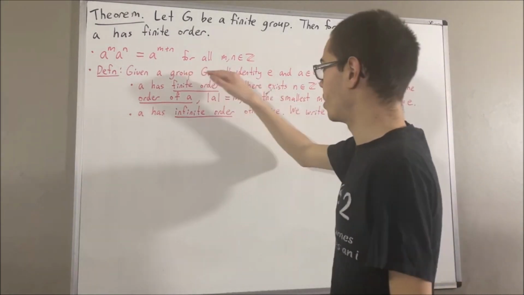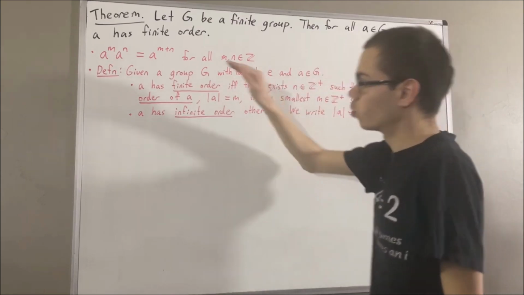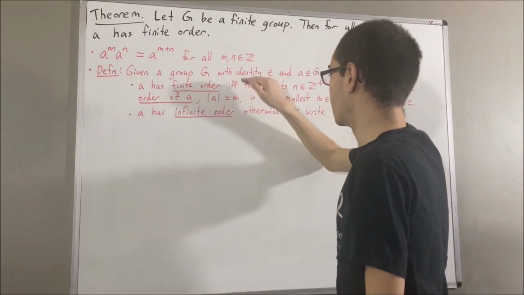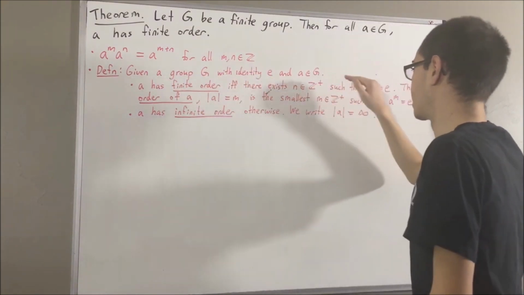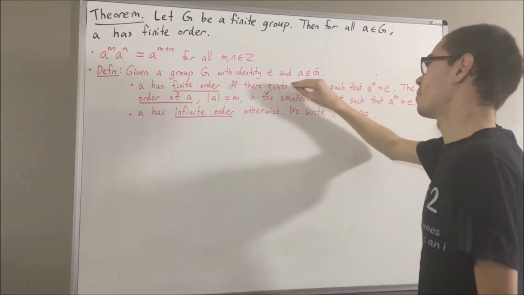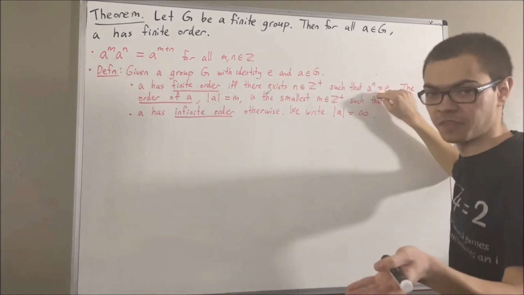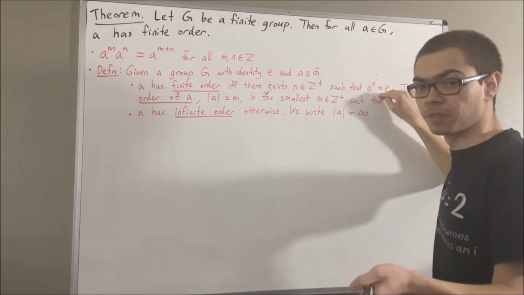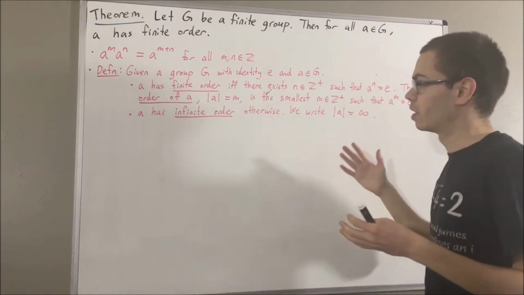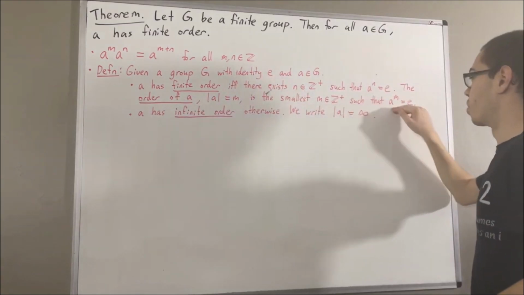Given a group G with identity element E, and given that A is an element of G, we say that A has finite order if there exists a positive integer n such that A to the n is equal to E. Now, if there exists a positive integer n with this property, then there exists a smallest positive integer that has this property. That just comes from the well-ordering principle. And so, the order of A is the smallest positive integer m with this property.